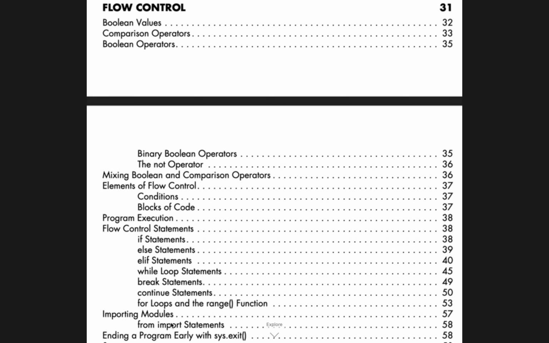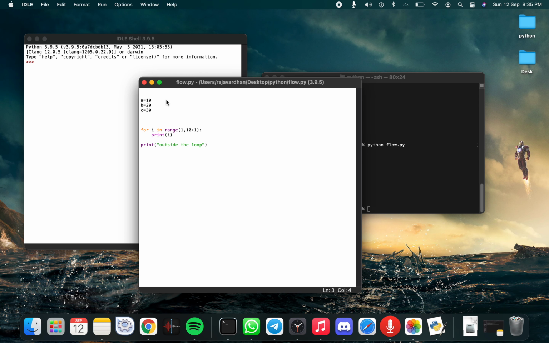And now we can look at the import statement. Let's import the sys module. I is equal to 2. Let's say 4, I want to do system exit.